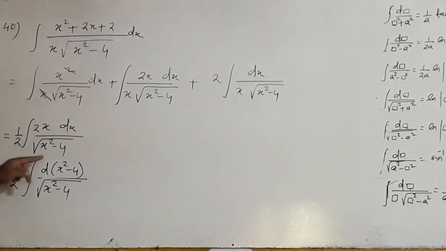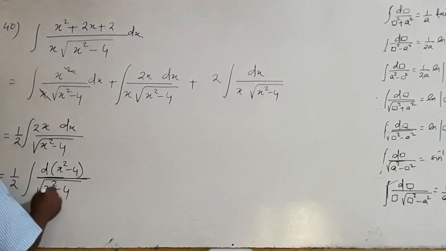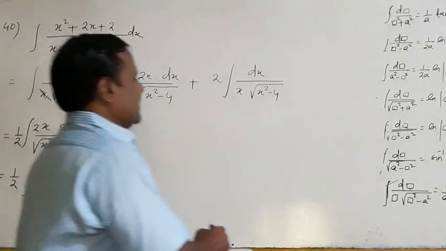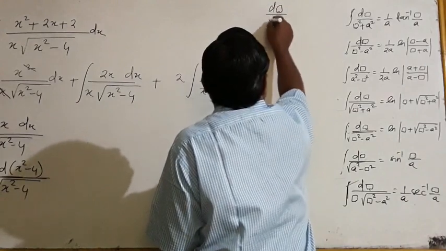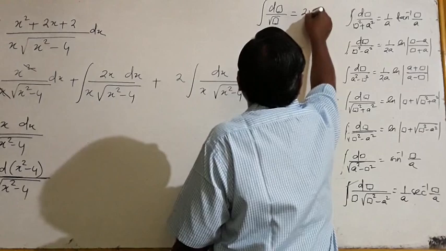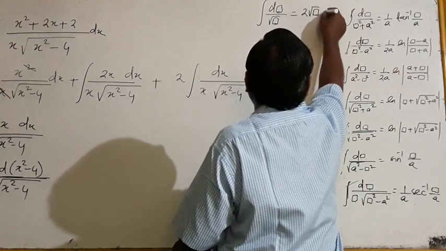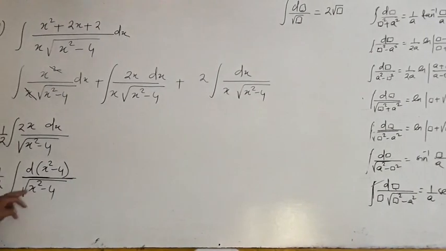And you know, d box by box square, d box, there is a special formula I have told you. d box by box root over integration is 2 root box. You have to remember this: 2 root box.